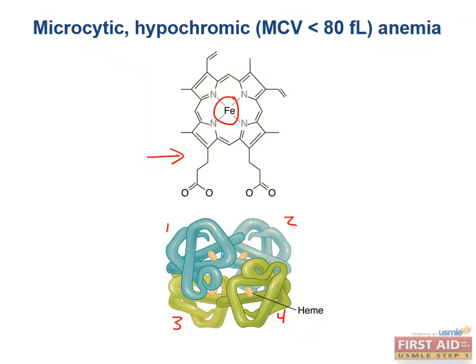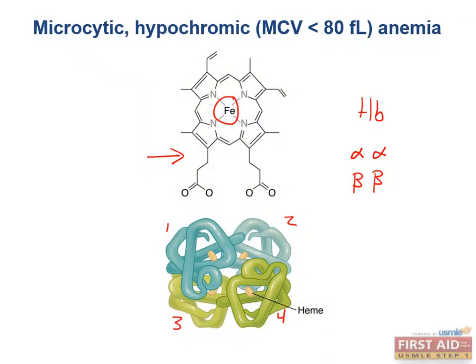In utero, and soon after birth, hemoglobin F is the predominant form of hemoglobin. Hemoglobin F consists of 2 alpha globin chains and 2 gamma globin chains. After a few months, the production of the gamma subunits begins to decrease, and they are replaced by the beta subunits.